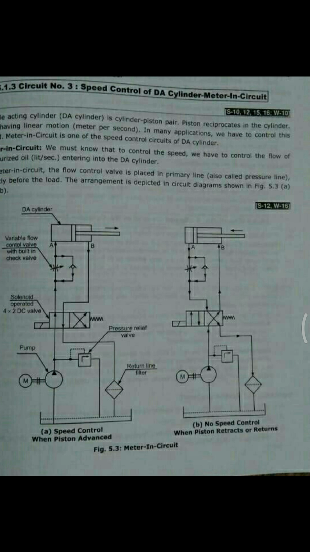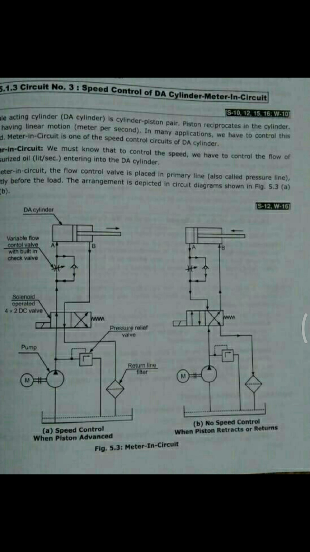Now we can see both diagrams in parallel. In the forward stroke we are having a metered quantity. That is why it is called a meter in circuit. Metered quantity is given for the stroke. Generally it is written as meter in circuit, but precisely this is the meter in circuit for the extension stroke, for the forward stroke.